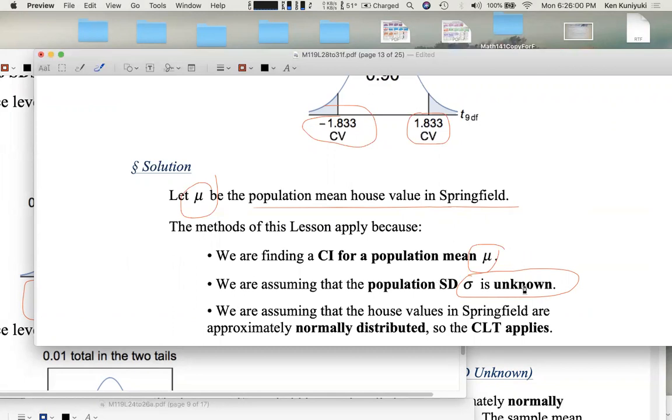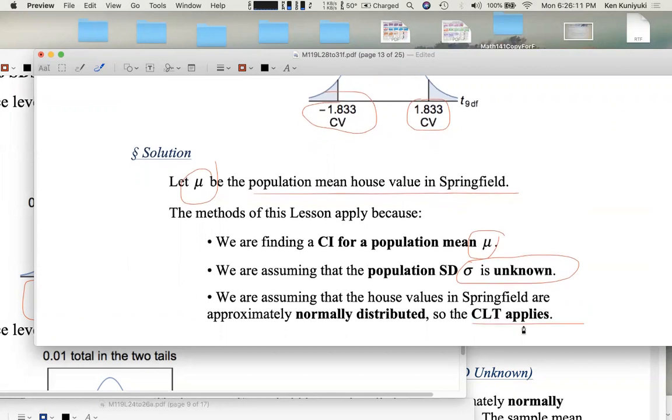There's more uncertainty here. Because sigma is unknown, we resort to using S, the sample standard deviation, and that throws in more variability. The CLT applies because we assume the house values were approximately normally distributed in Springfield, so it was okay that the sample size 10 was rather small. We're relying on the Big Daddy distribution being about normal.